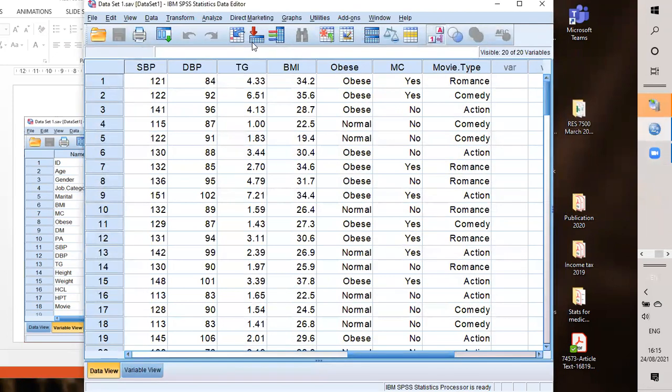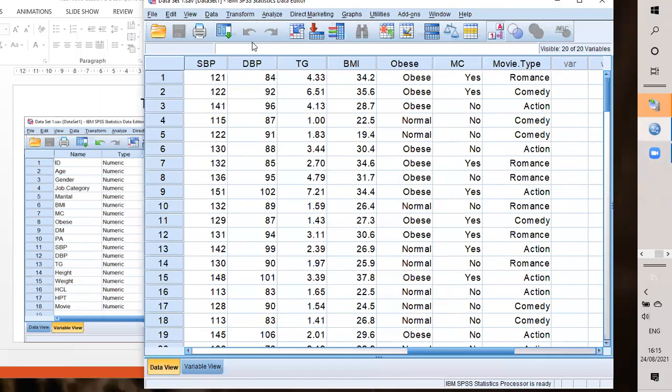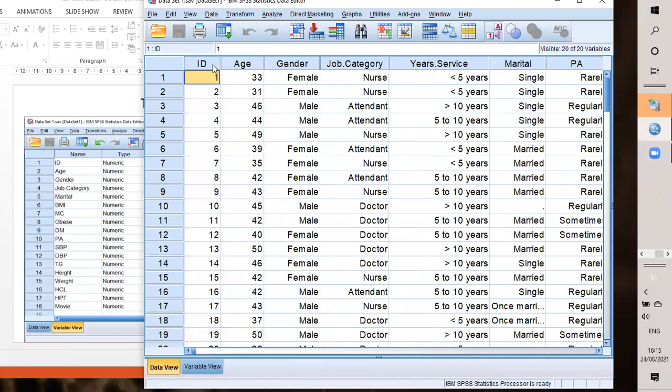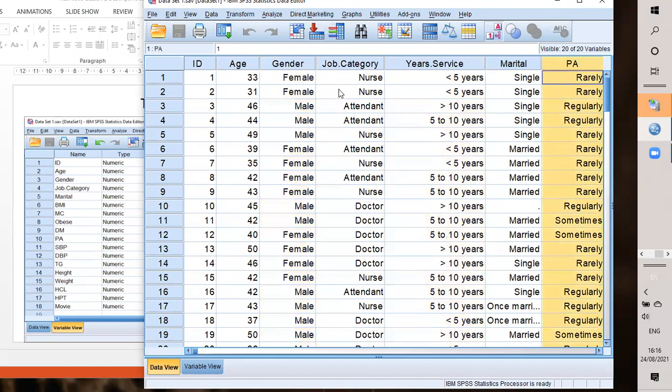Okay, this is my data. Let's see now, variable. Is SBP a variable? I go to the top. Is age a variable? Yes. Gender? Yes. All are variables, right? Yes.